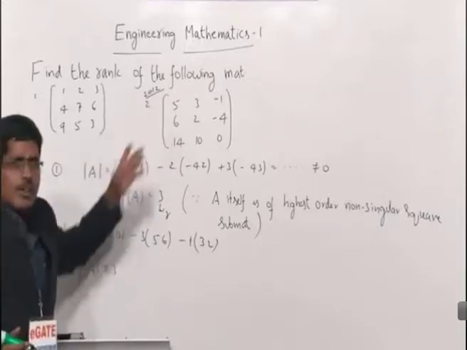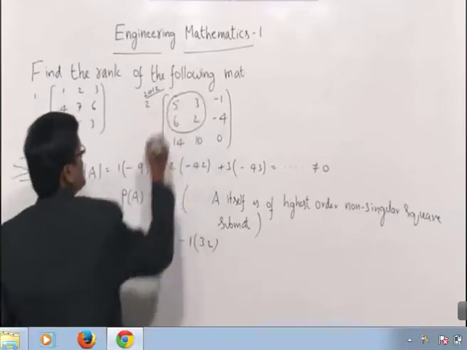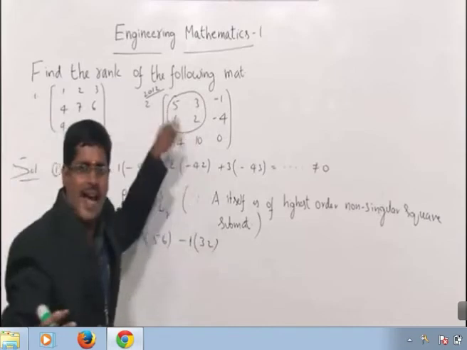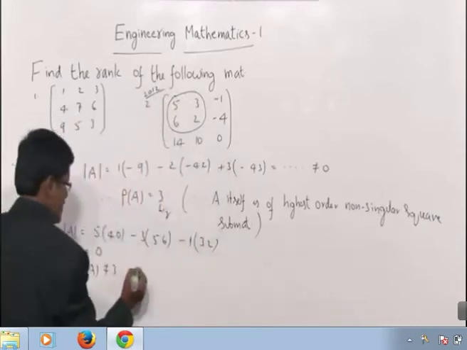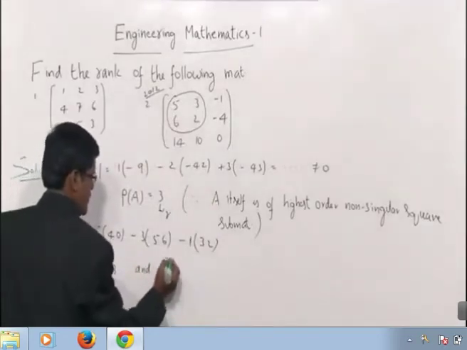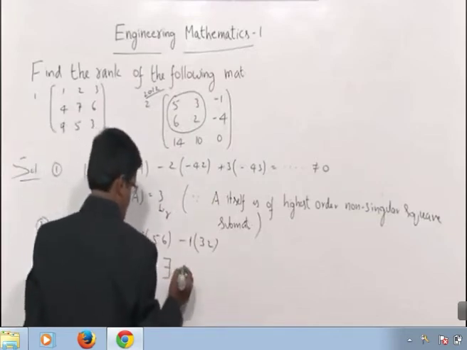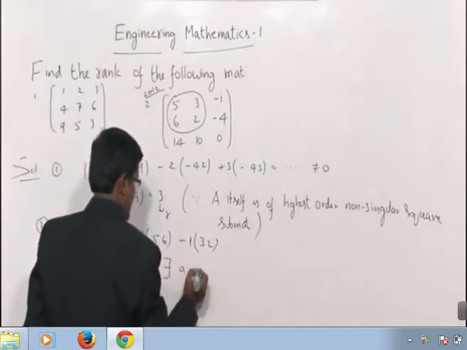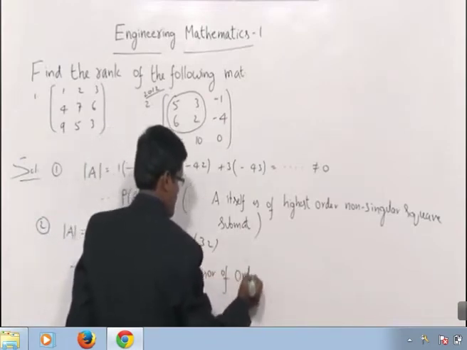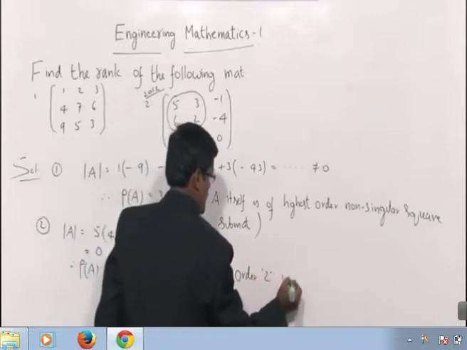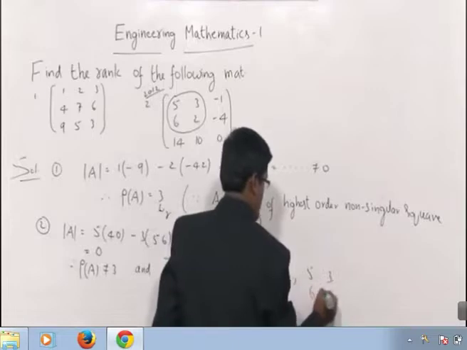Now, what is your next level? Find a 2 by 2 matrix. Just see here, I highlighted these 4 elements, which give a 2 by 2 submatrix whose determinant 10 minus 18 is not equal to 0. And there exists, this is the symbol meaning there exists, a minor of order 2, that is 5, 3, 6, 2.